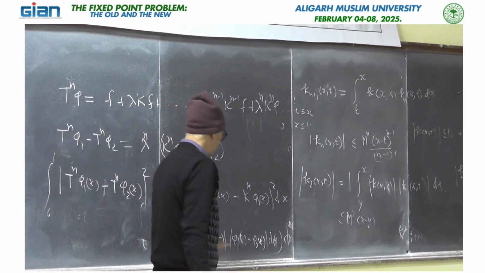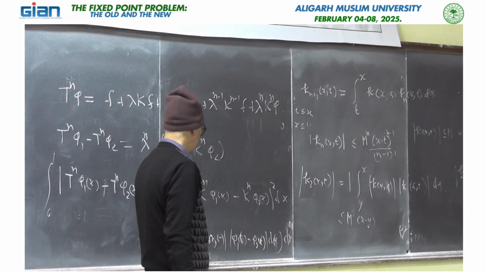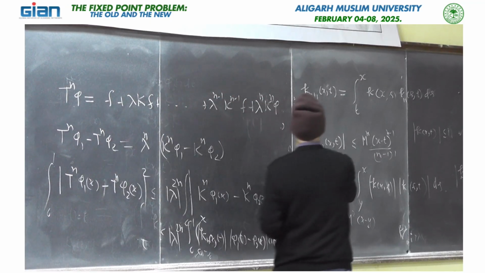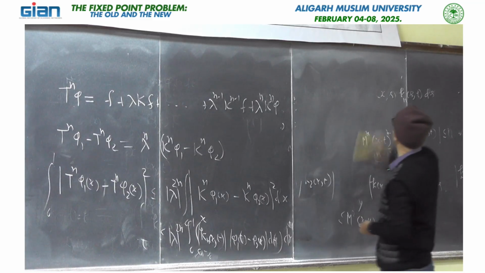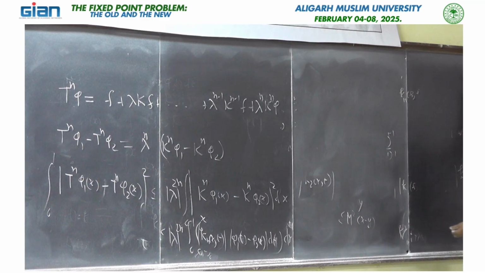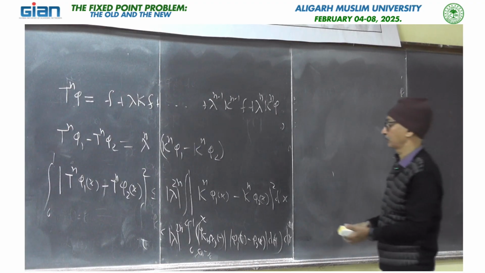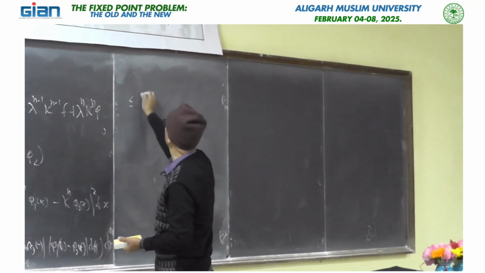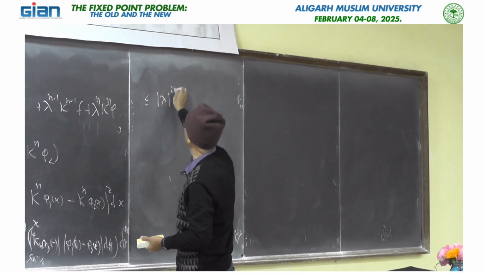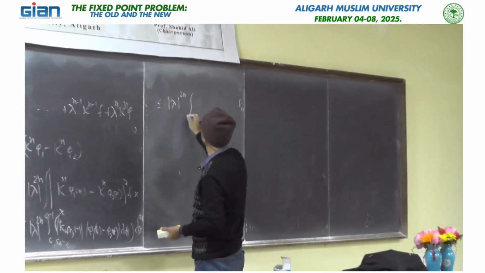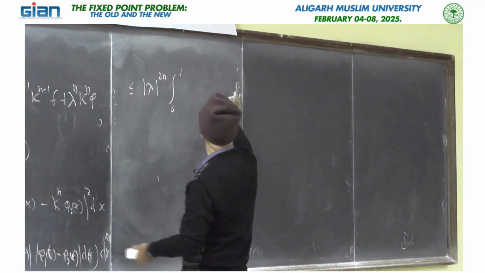Now, use the Cauchy-Schwarz there. So you will get |lambda|^{2n}, and then you have 0 to 1. Inside, you use Cauchy-Schwarz.